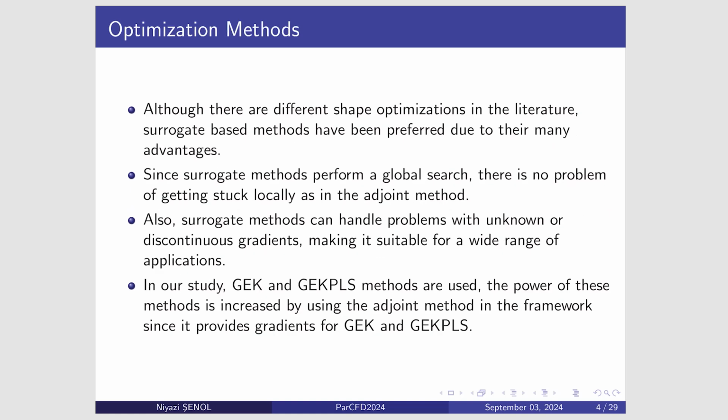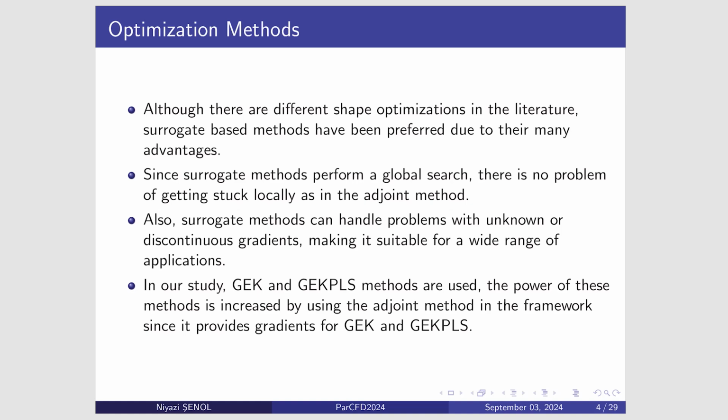In the literature, there is a lot of shape optimization. Surrogate-based optimization has been preferred due to its main advantages. They perform a global search, unlike adjoint methods, so they do not get stuck locally.